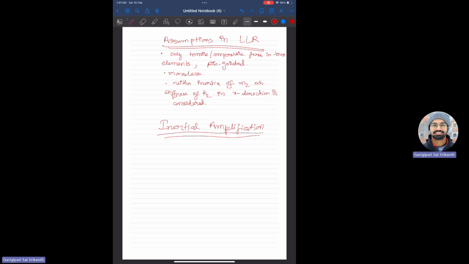Okay, so what do we observe? We observe that it has attenuation like that of a local resonance or lateral local resonance system.